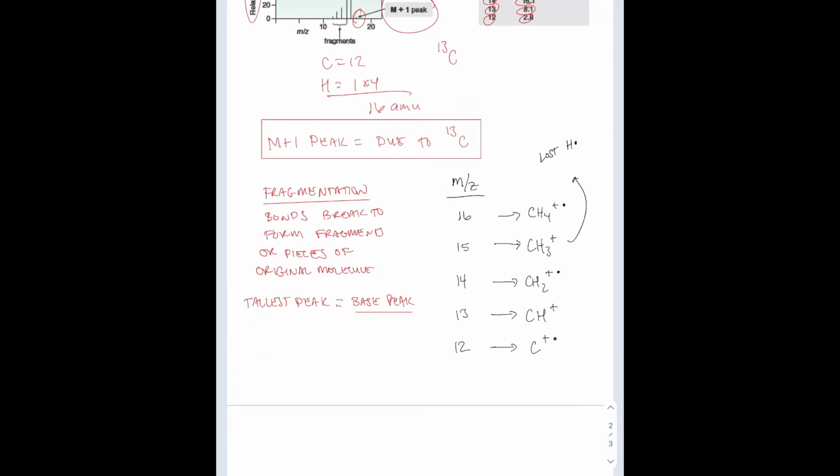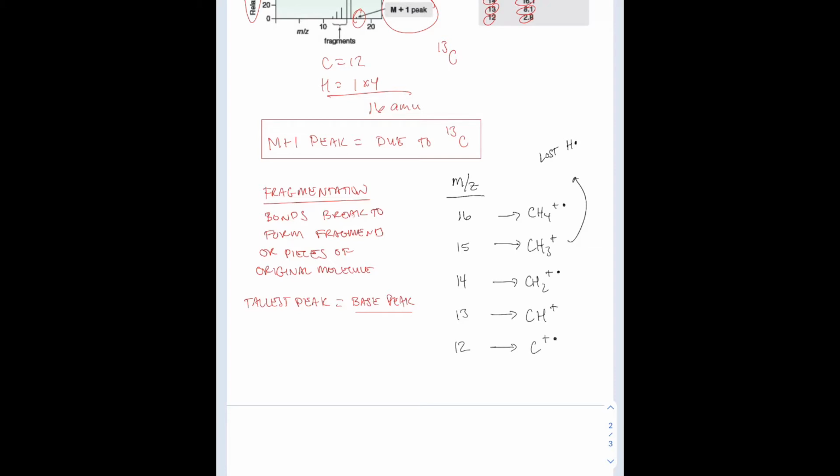And so, depending on how good your mass spec is, you can actually use this to distinguish between basically organic molecules that are extremely close in their molecular weight.